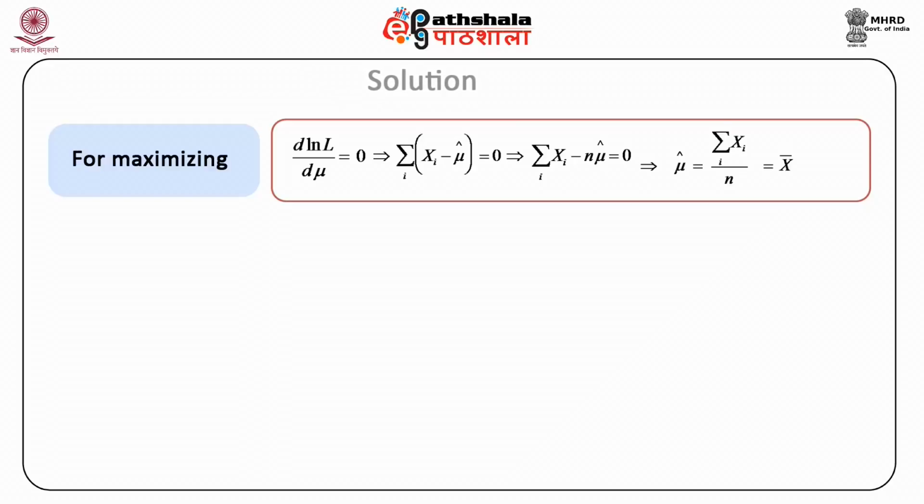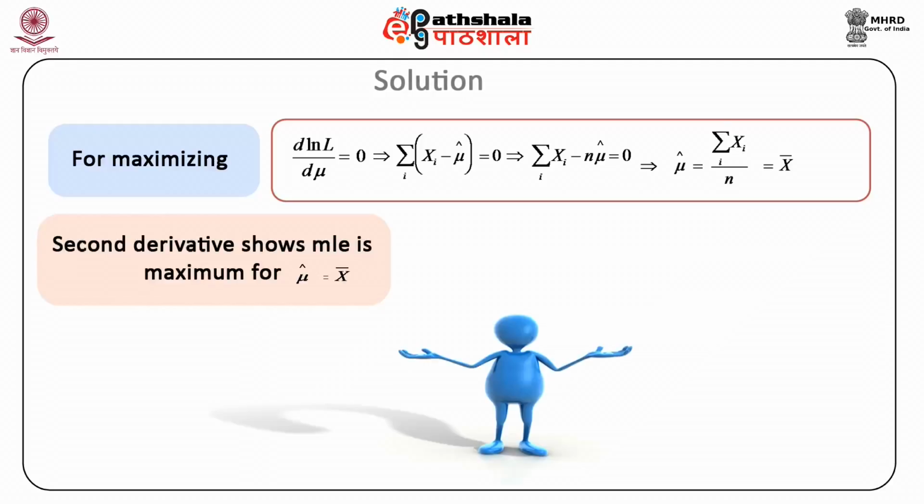The sample mean x bar is therefore the maximum likelihood estimator of the population mean mu. The second derivative shows that the MLE is indeed a maximum for mu hat equal to x bar.